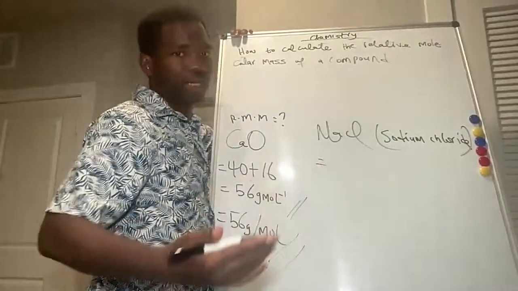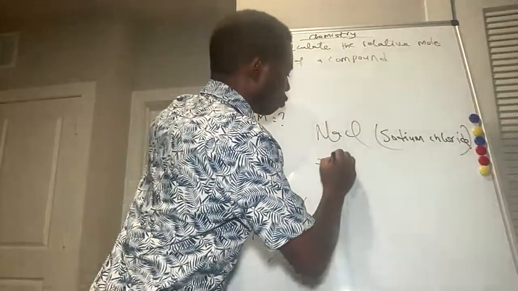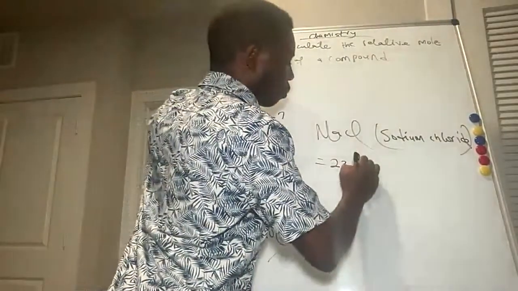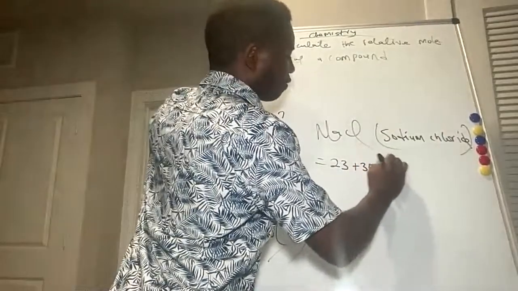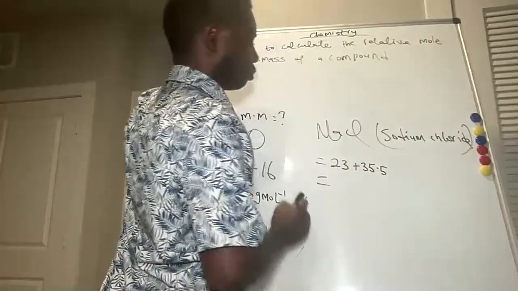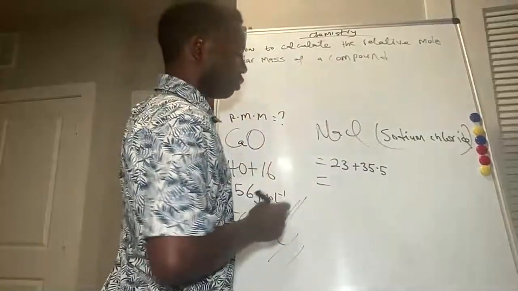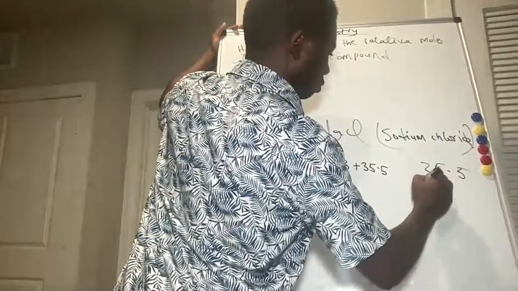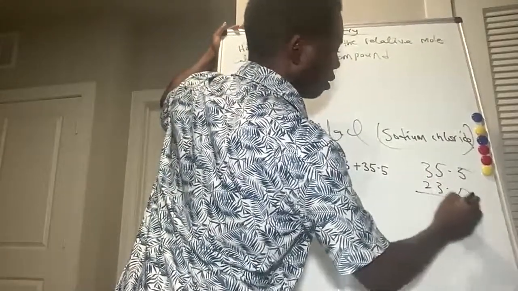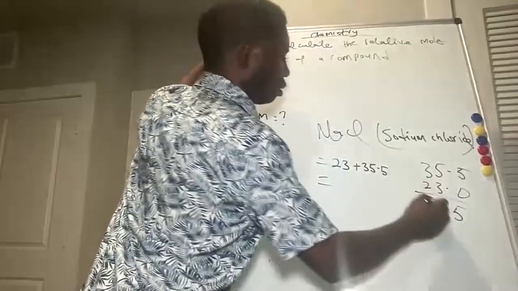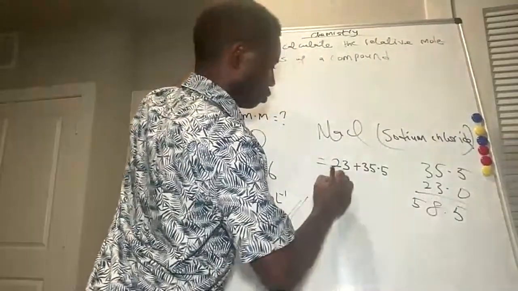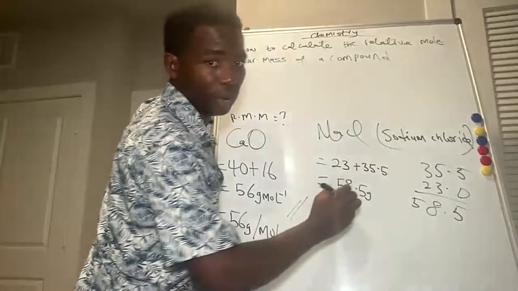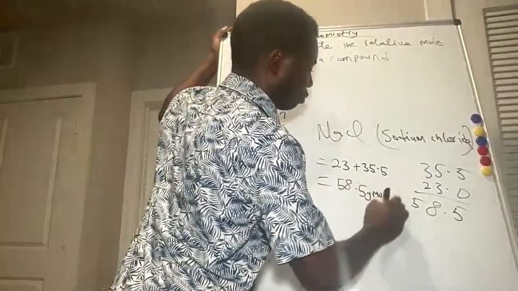The mass number of sodium is 23 plus 35.5 of chlorine. So 35.5 plus 23 gives us 58.5 gram per what? Per mole.